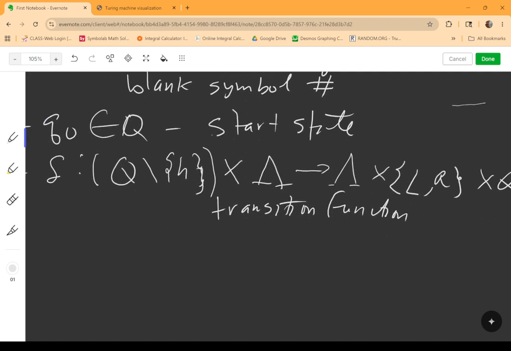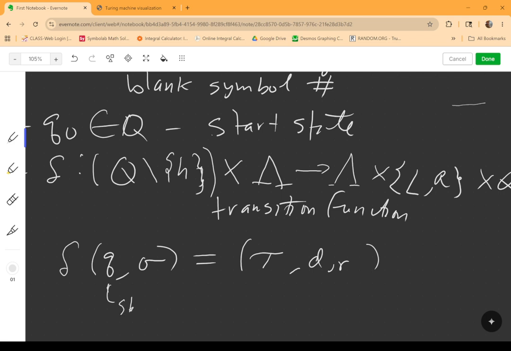Think of it like function notation. An instance would look like delta of lowercase q, lowercase sigma, equals tau, D, R. The state is q, and sigma is what it reads, what is currently in the cell.